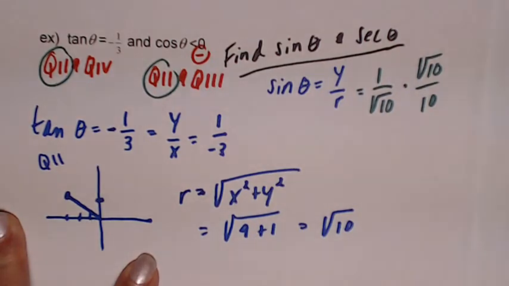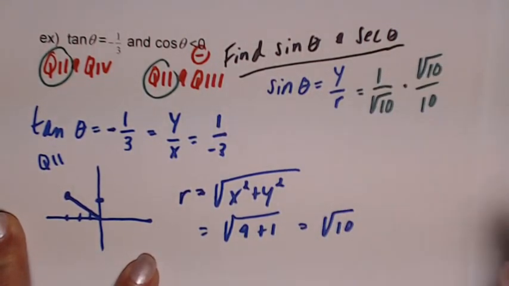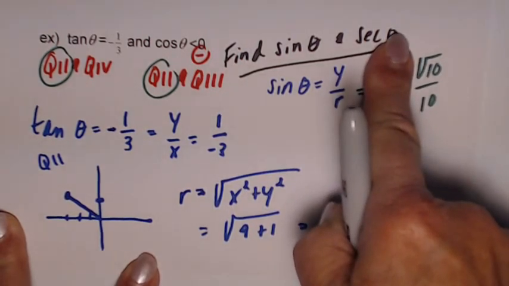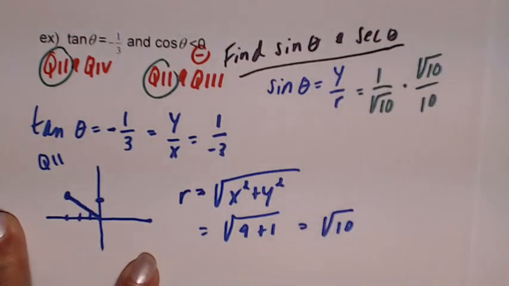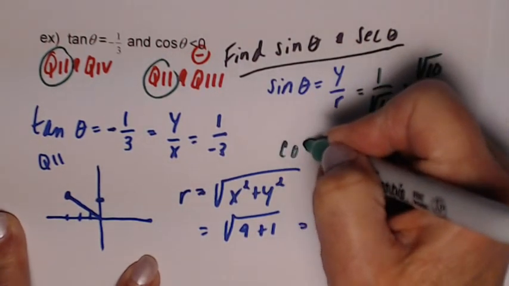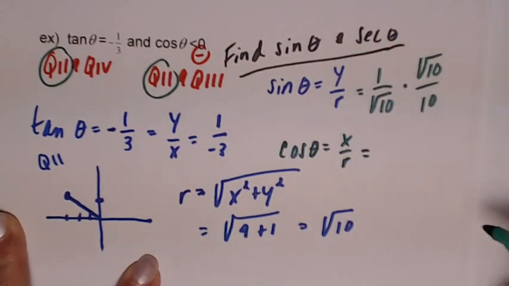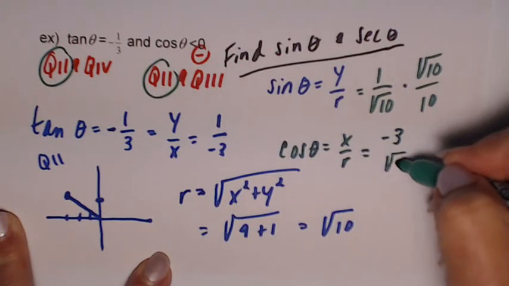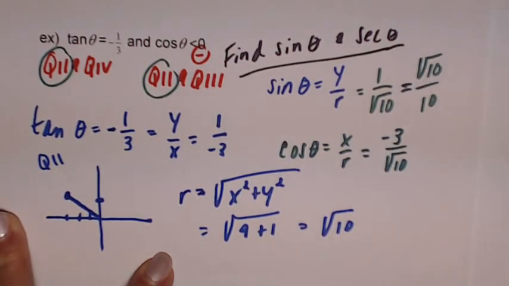In regards to cosine, we know that secant is 1 over cosine. You could go right to secant, or if you just remember secant is cosine's partner, you can think of it that cosine of theta is x over r. So in this case, our x is -3 and r is square root 10.